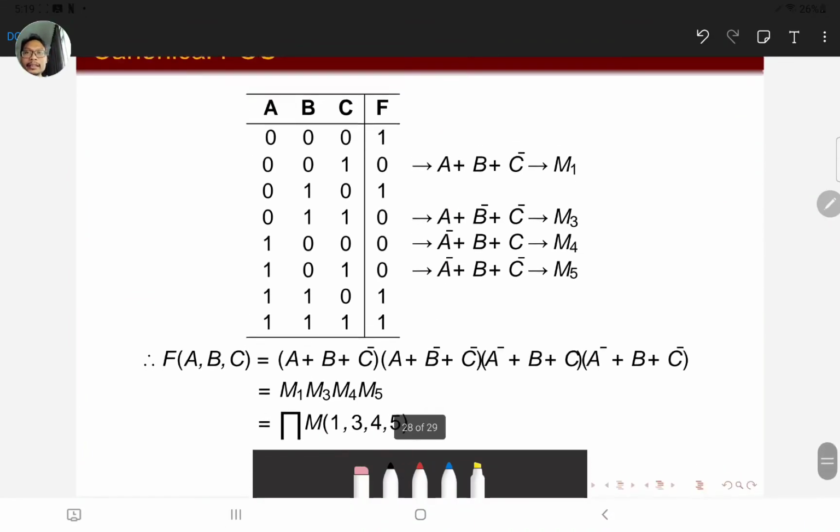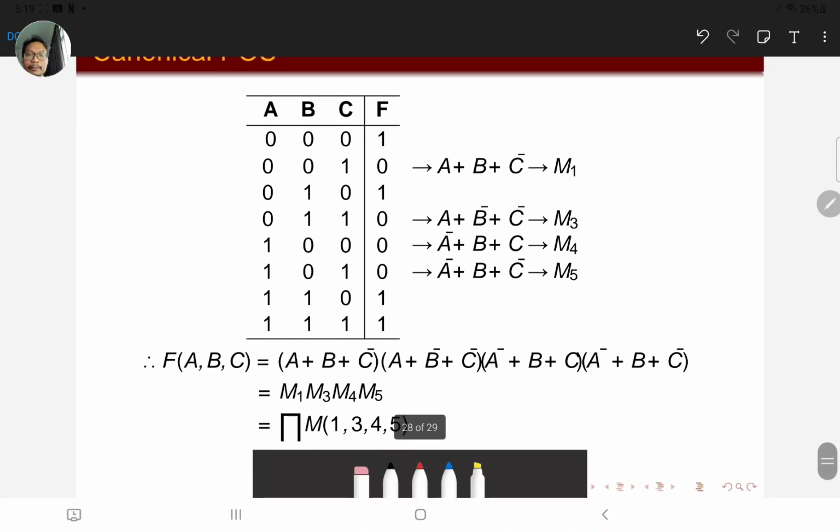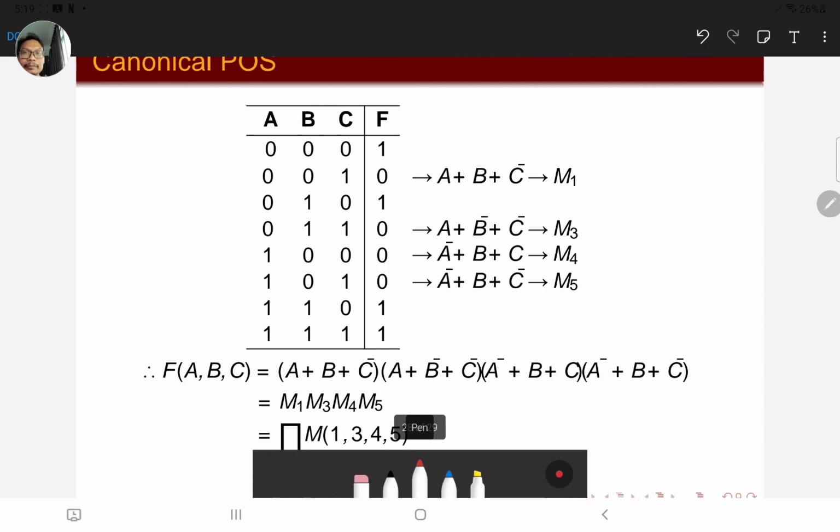Let's look at the canonical product of sum. For product of sum, we are going to take the 0s. For all zeros we take the variable, and if it's a 1, it's going to be a bar. So here is 0 0 1, so A plus B plus C bar.